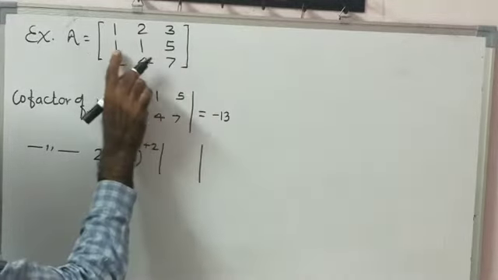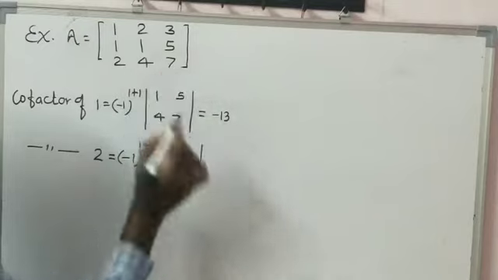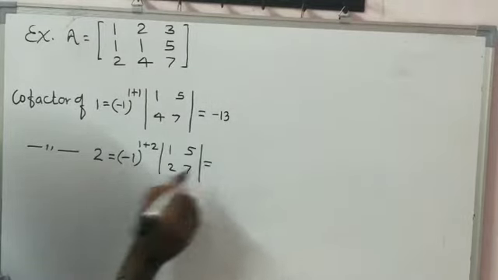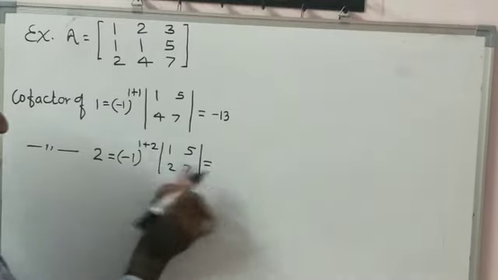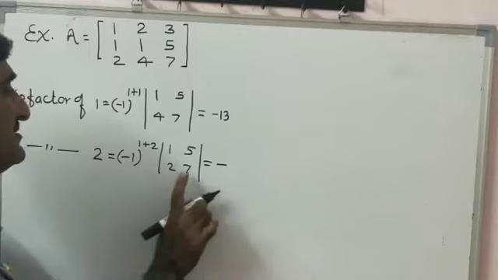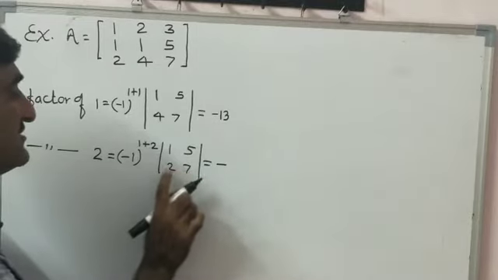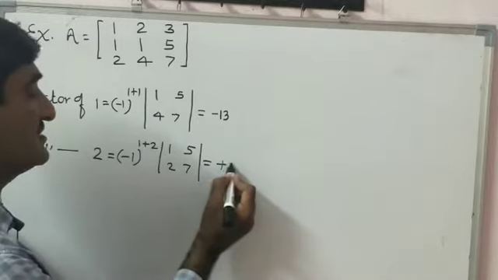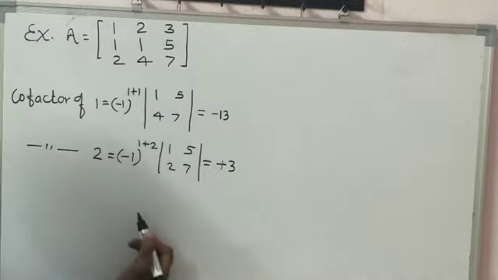Its minor is 15 27. Minus 1 to the power 3 means a negative sign. 7 minus 10, that is minus 3, and with the minus sign it becomes 3.